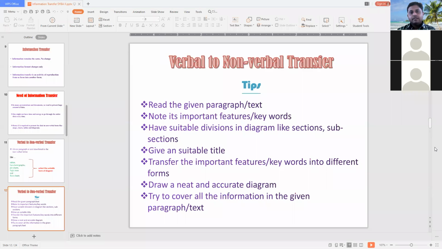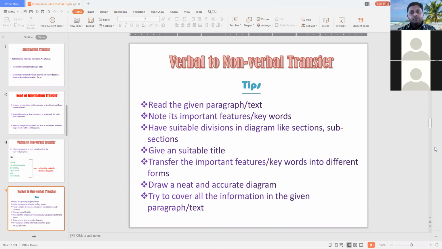We have to take into consideration some tips while transferring information from verbal to non-verbal form. Which things should we follow? First, if we have been given a paragraph or text, we have to read it fully. Try to understand the information, or the meaning of that paragraph.